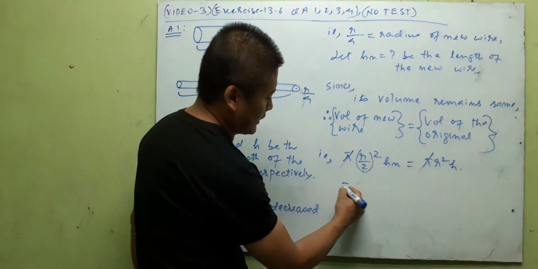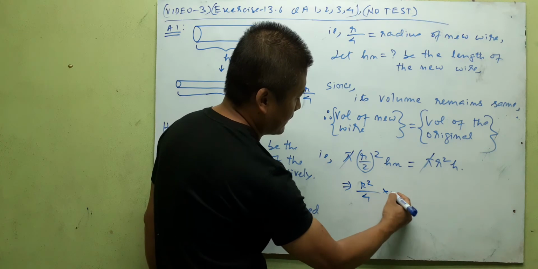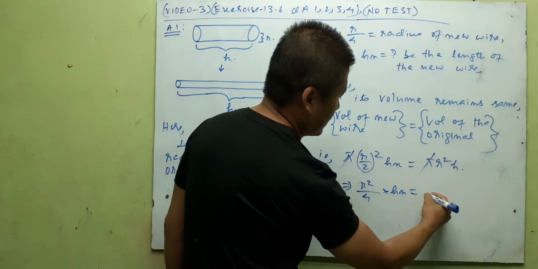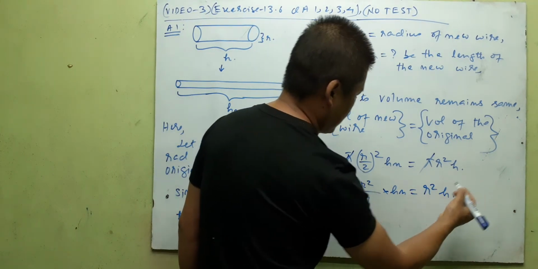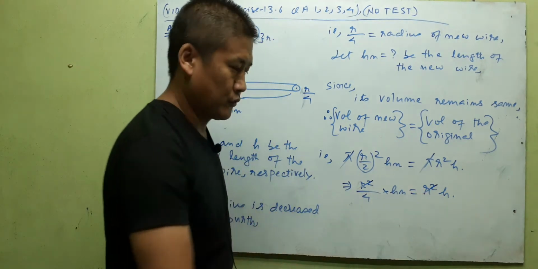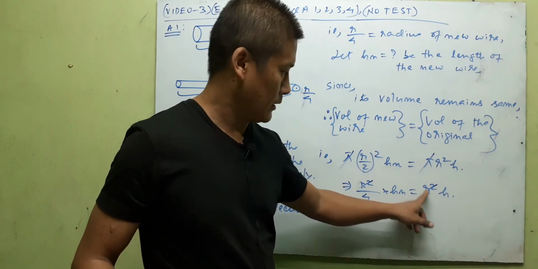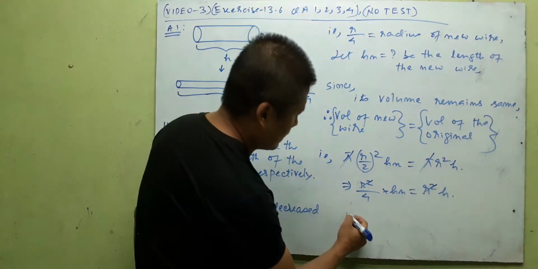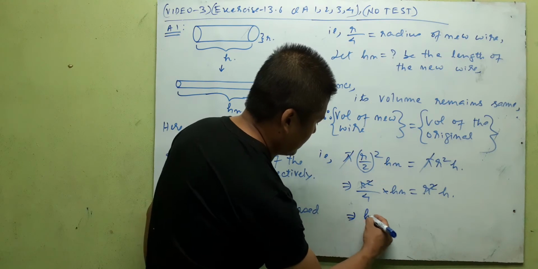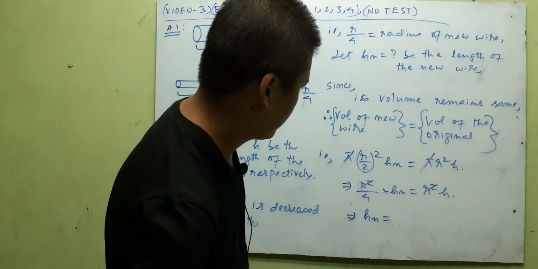So here we will get R square by 2 2s are 4 into Hn is equal to R square H. So here R square and R square will cancel because if you shift R square, it will go to the denominator, cancel out this numerator. So here that will give you length of the new wire Hn is equal to, okay, so here 2 2s are 4.